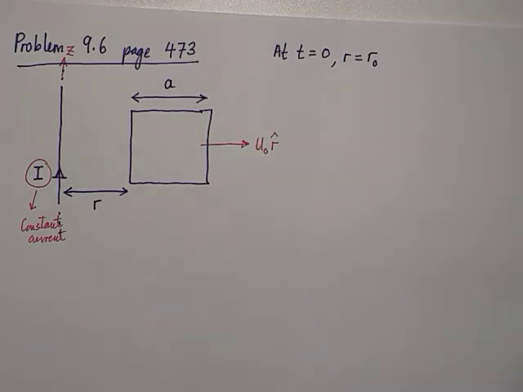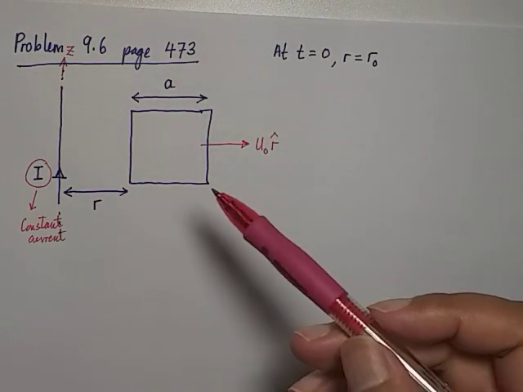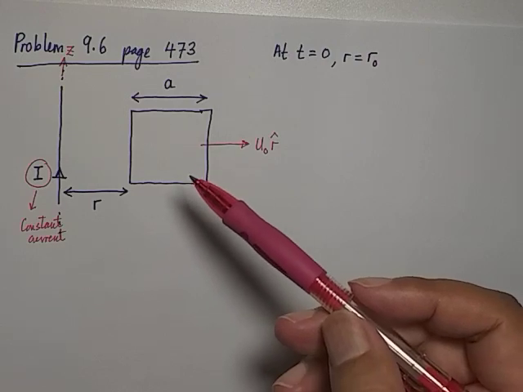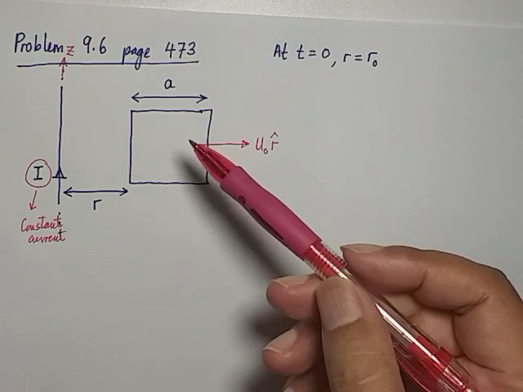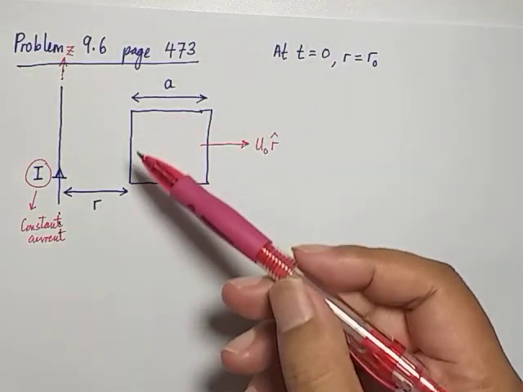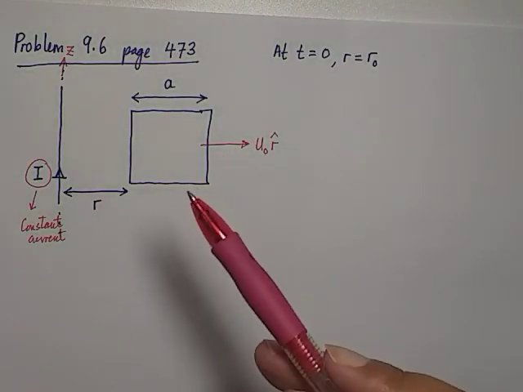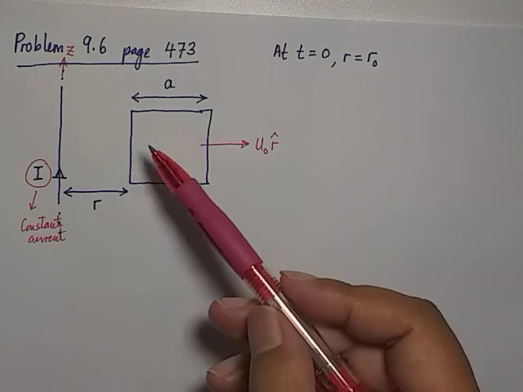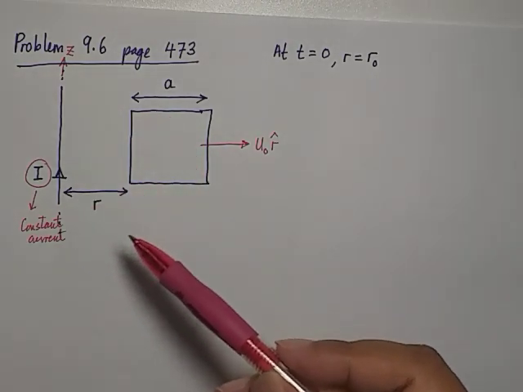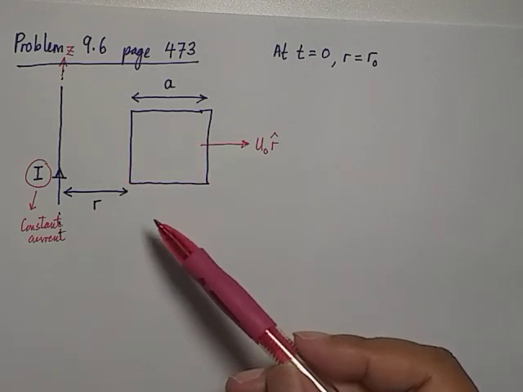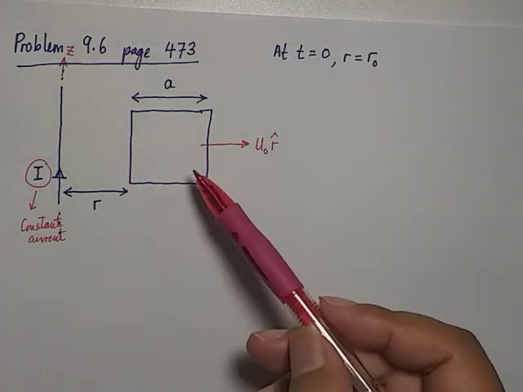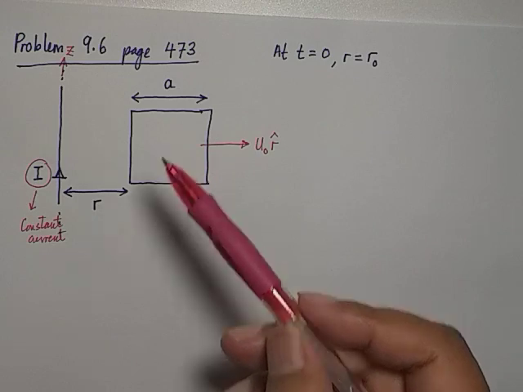For sure you can see logically that there will be a voltage, an EMF, induced in this conductor. Why? Because you have a magnetic field in this region, and you are making the conductor move in this magnetic field.